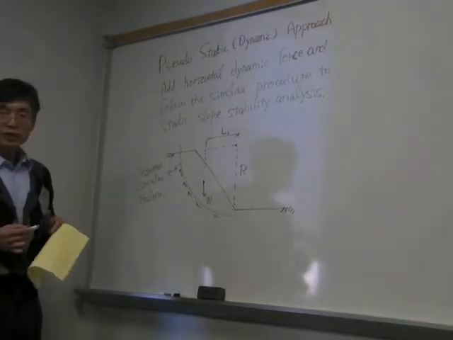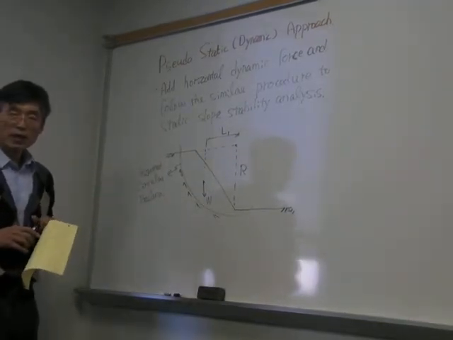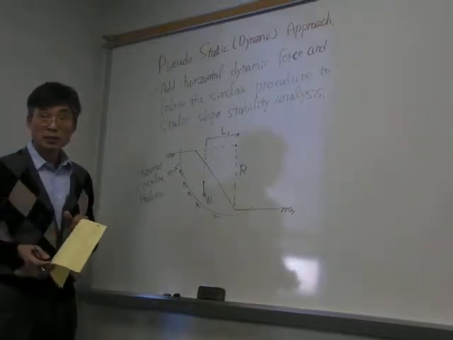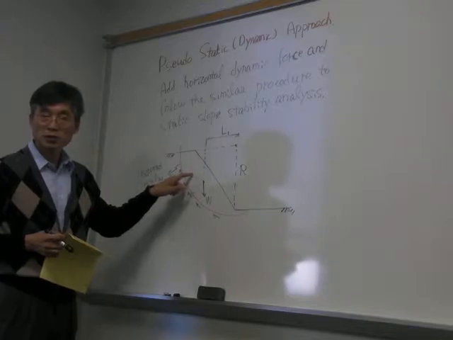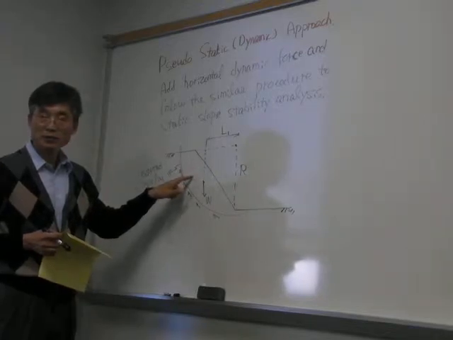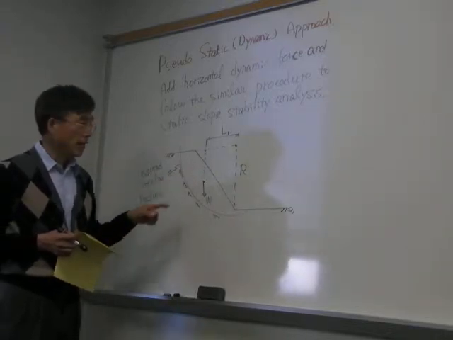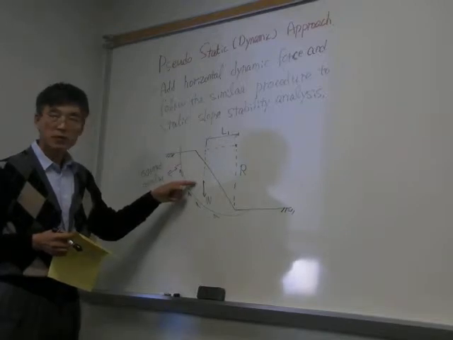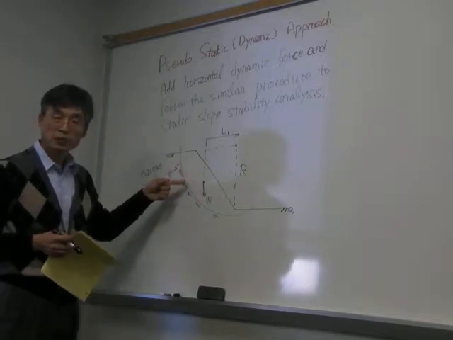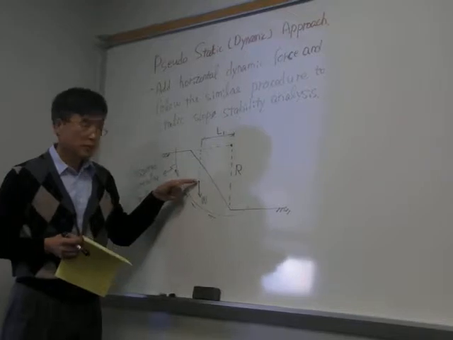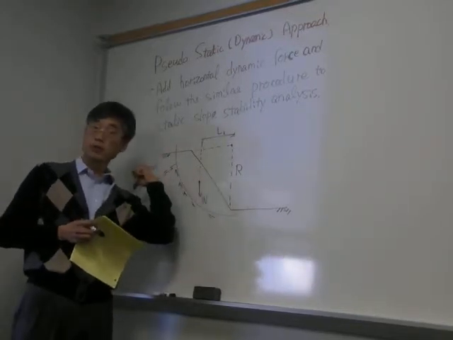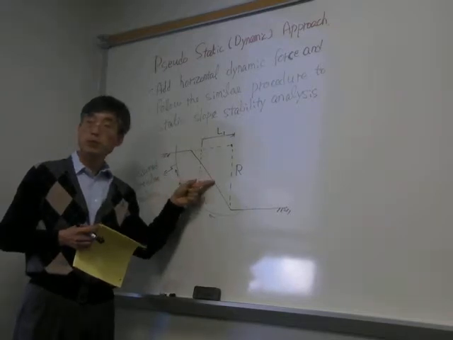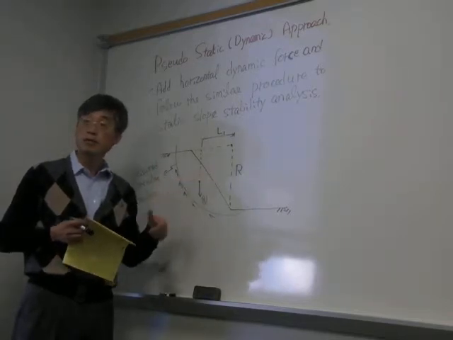Now what I will do is add dynamic acceleration to this soil weight. I will add some kind of horizontal acceleration to this one, this way, not this way, because this way acceleration will make the higher driving force.